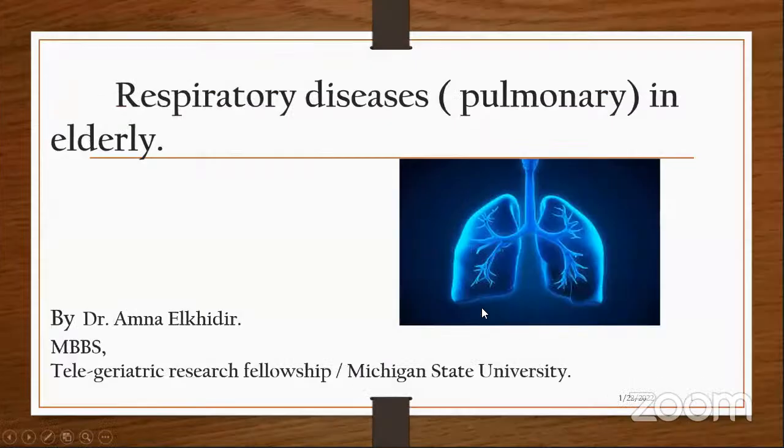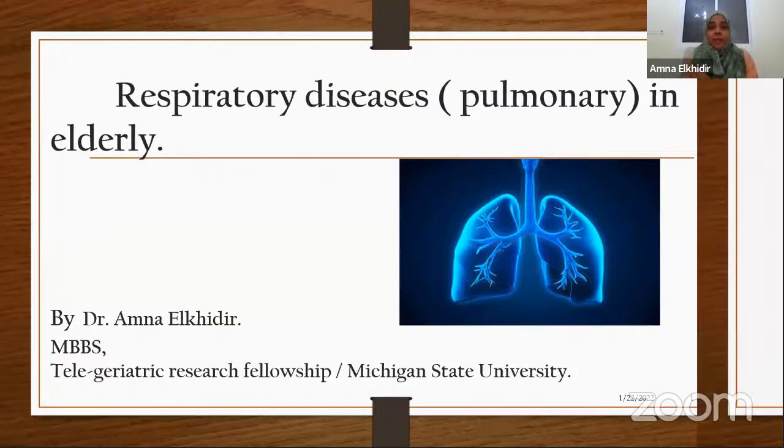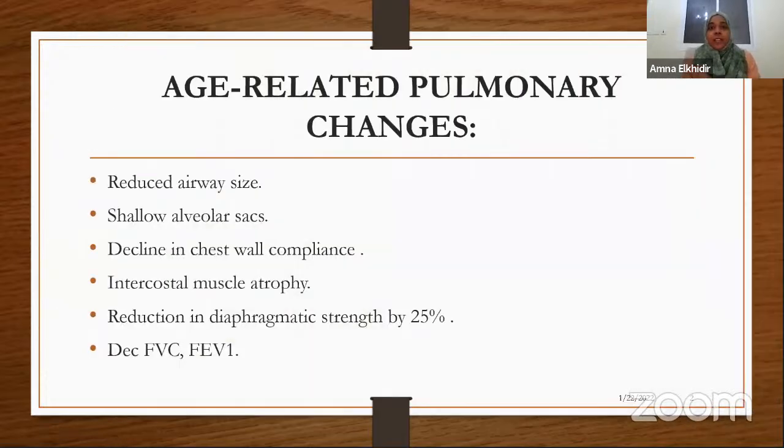Yes. Okay. So I am going to present to you respiratory diseases in elderly. First, there are age-related pulmonary changes that happen in elderly patients. They usually encounter reduced airway size and they have shallow alveolar sacs.